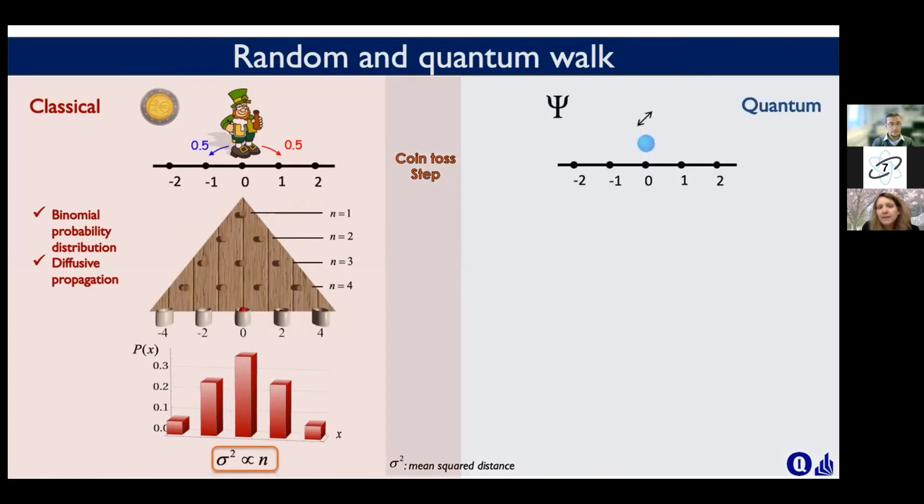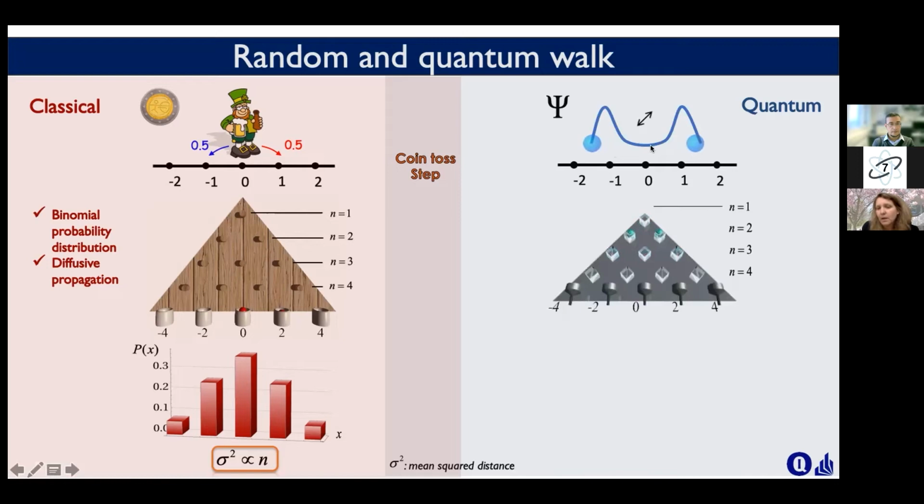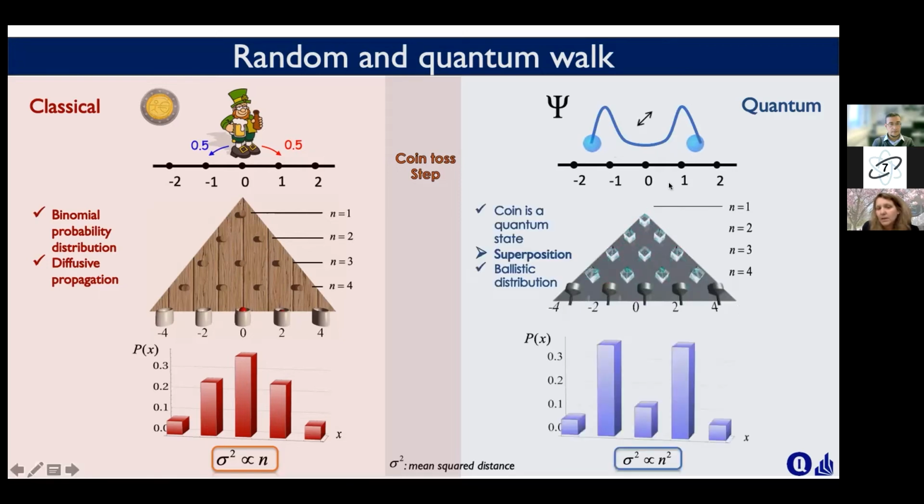Now, if you translate this to the quantum world, what we do is we introduce for that coin space a two-dimensional Hilbert space. In our case, it's a polarization. Depending on the polarization, we go steps to the left and the right, but because we're in quantum mechanics, we now produce superposition states. The coin is a quantum state.